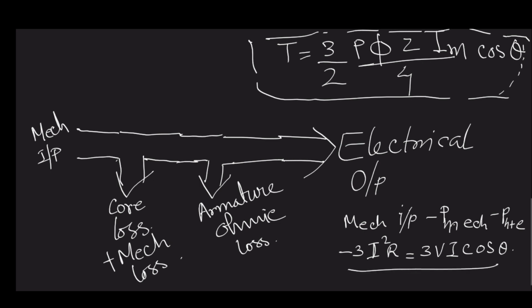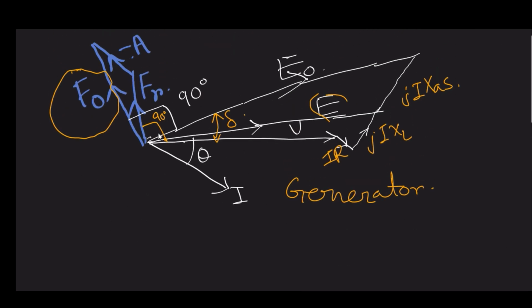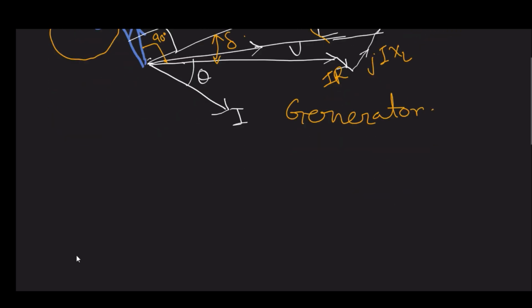This is the power equation. In case of motor, what will happen? In case of generator, your current is flowing outward, from the generator to your load, meaning power is flowing in the outward direction. Now in case of motor, what will happen? The power will flow in the inward direction.